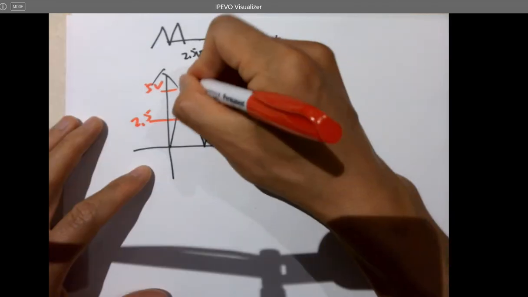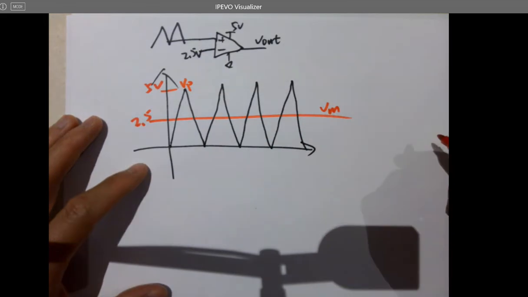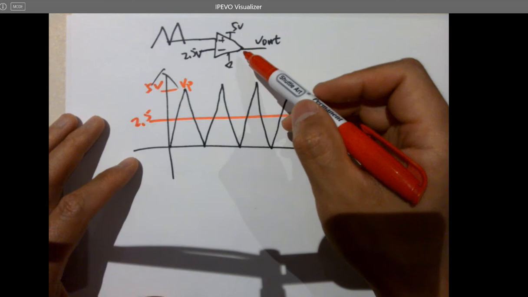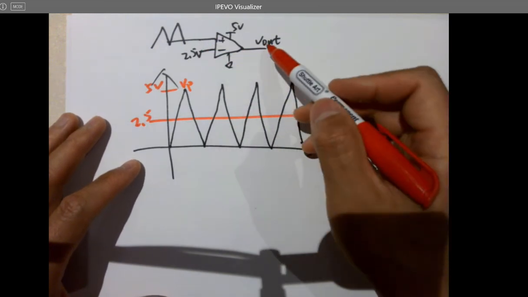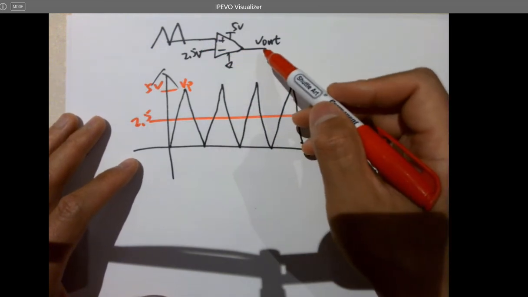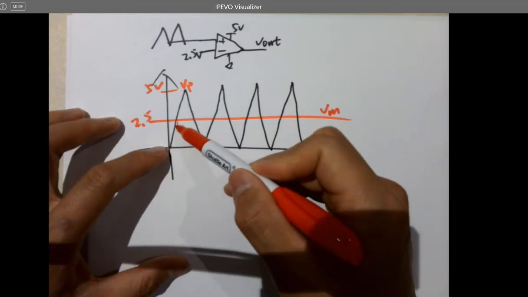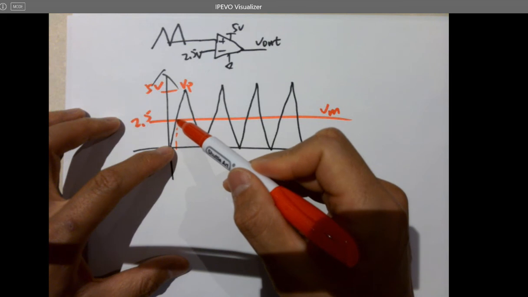This is VP. This is VM. This open loop configuration is just comparing these two inputs all the time and responding with a digital output. For this time frame, VP is always lower than 2.5. So what should the output look like?